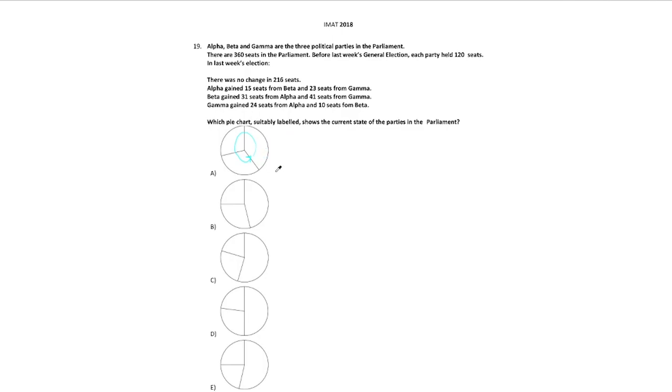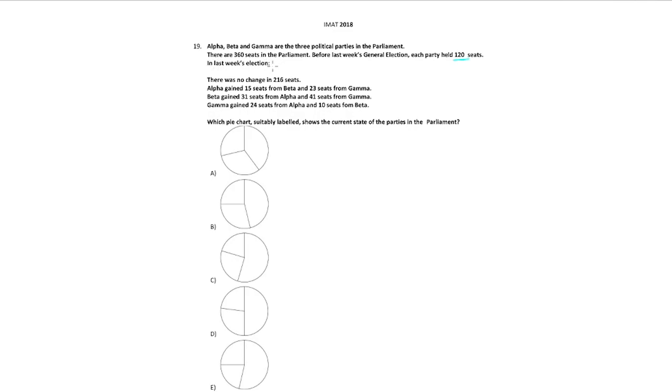So each degree in the pie chart is actually 1 seat in the parliament. Before last week's general election, each party held 120 seats. So each political party had the same number of seats.